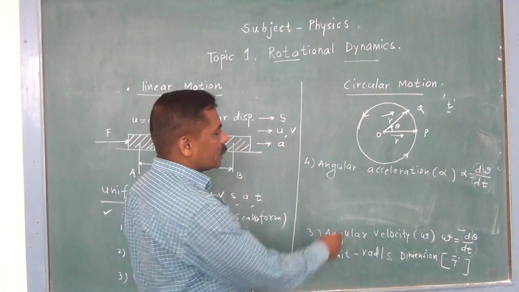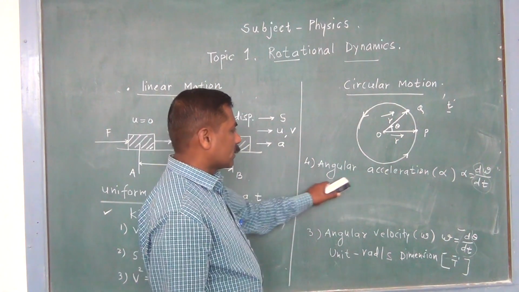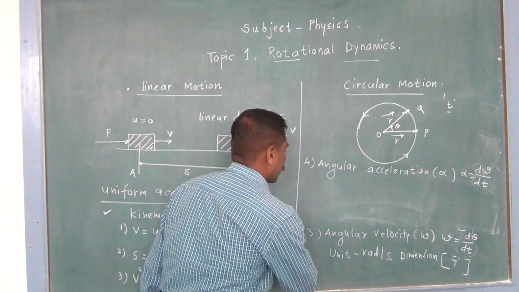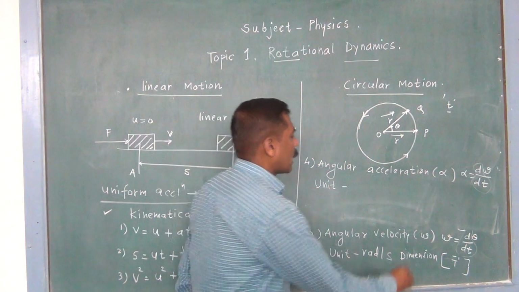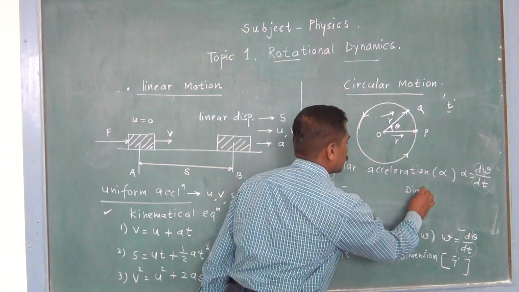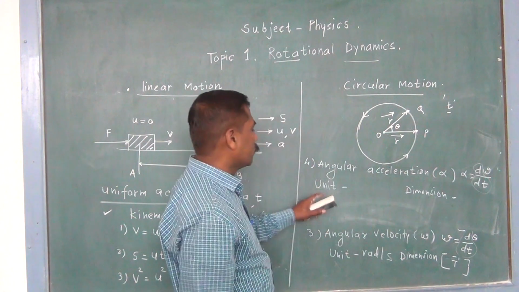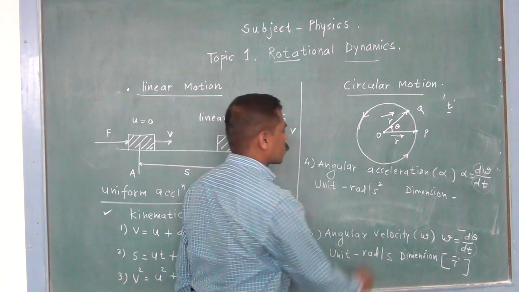So the rate of change of angular velocity with respect to time is called the angular acceleration. Okay. Now what is the unit and what are the dimensions for this terminology? If you observe, the unit will become radian per second square.